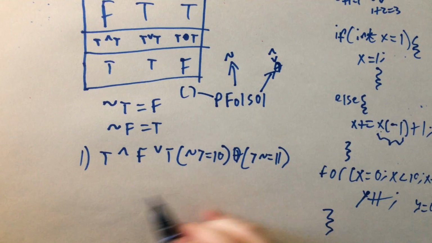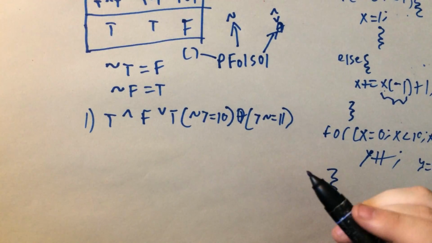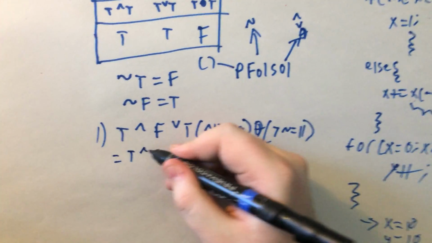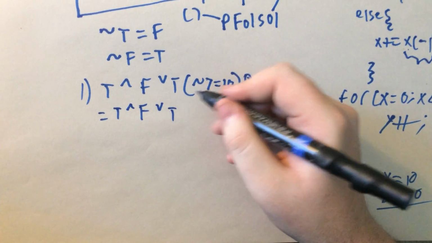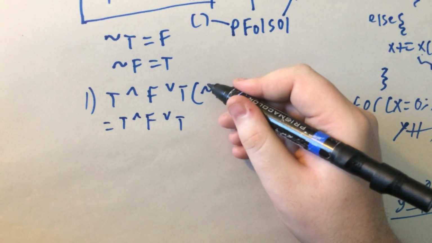So let's solve that. We solve it left to right. Remember, computers can only do one thing at a time, so we have to solve one section at a time, and then reduce it to a new line. So this is going to be true AND false OR true. And then, because there's no operator here, we're going to have to do the NOT next to it. So we're going to distribute the NOT.